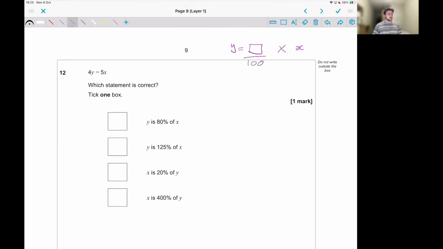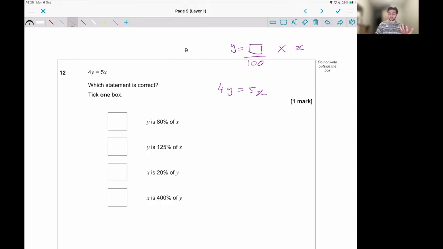So we want to find a way of having y equal to some number divided by 100 times x. That's what we're looking for. So let's start with the statement we've got. We've got 4y equals 5x. That's what we're aiming for. 4y equals 5x. What do we do first?